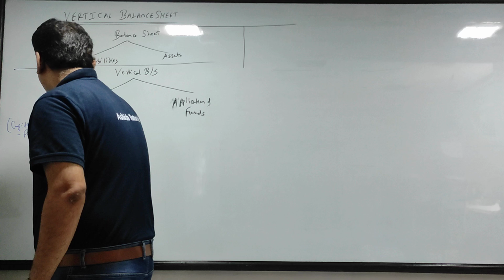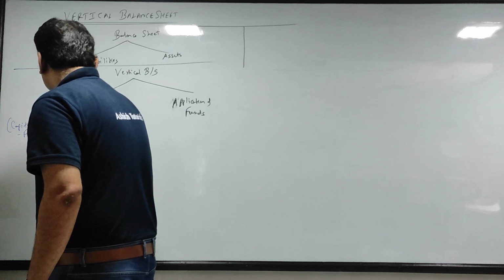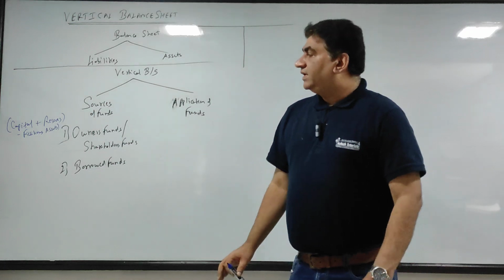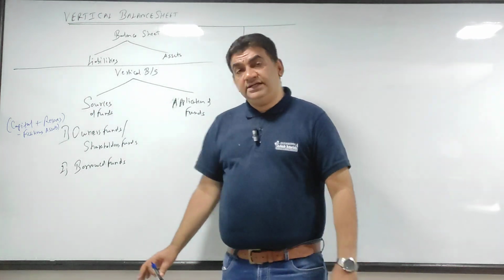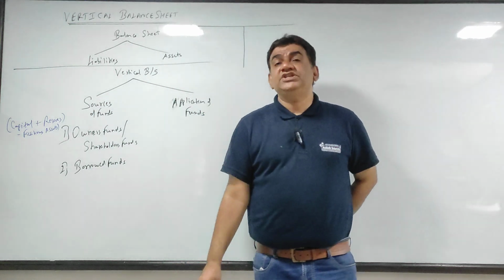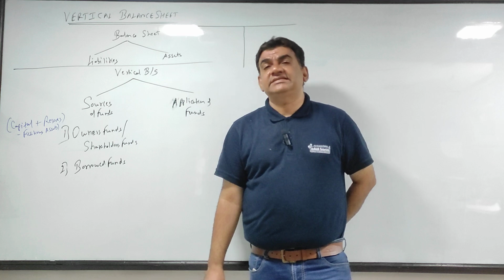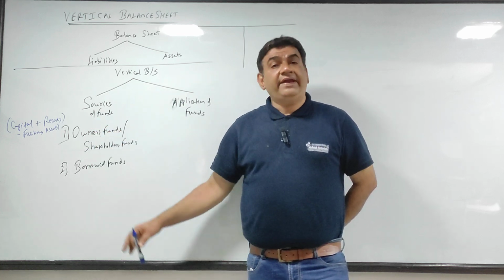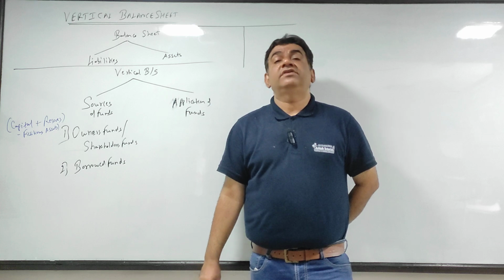And from this we deduct fictitious assets. Now fictitious assets in your syllabus, the chances are very less, but what is a fictitious asset? Remember in FYJC, expenditure is classified in three categories: capital, revenue, deferred revenue. A fictitious asset is nothing but deferred revenue expense.